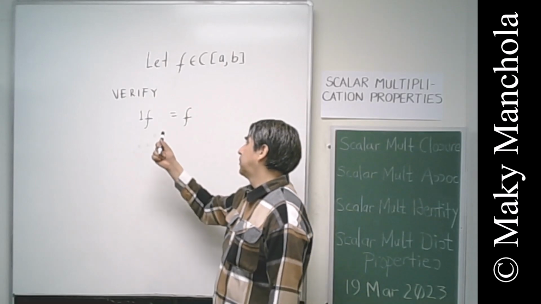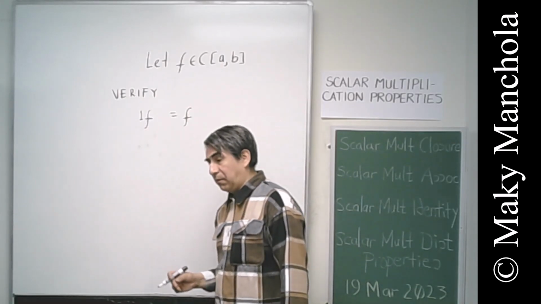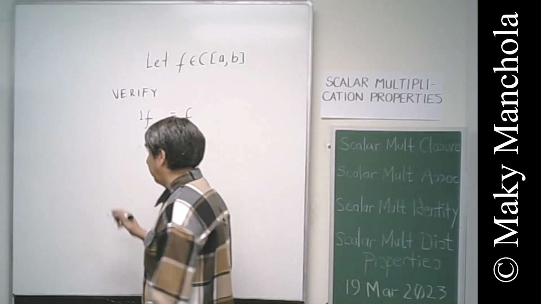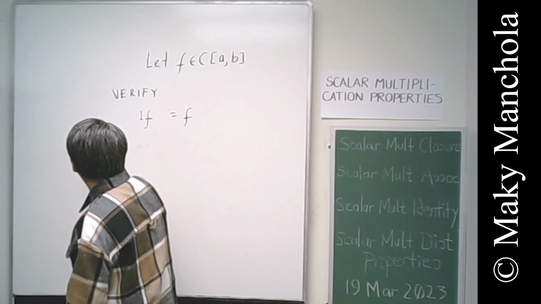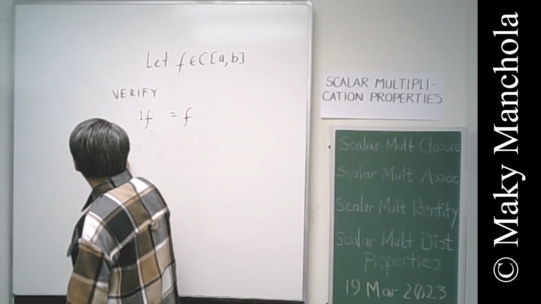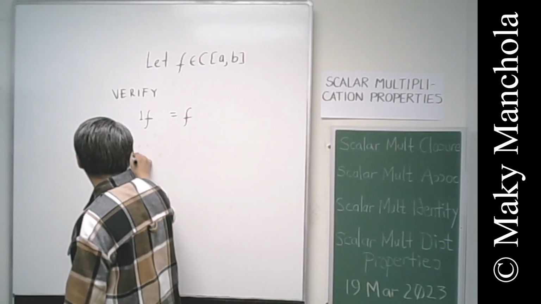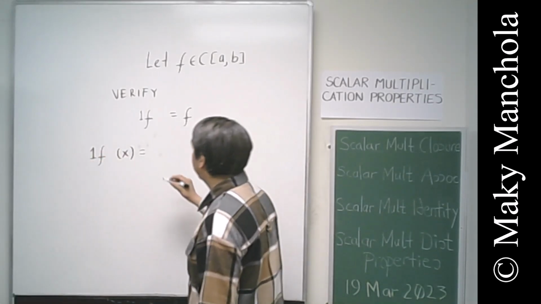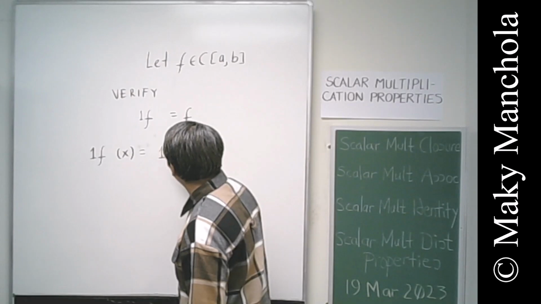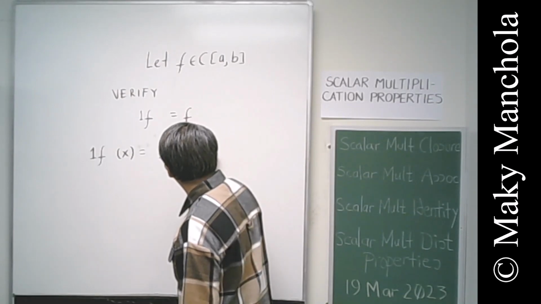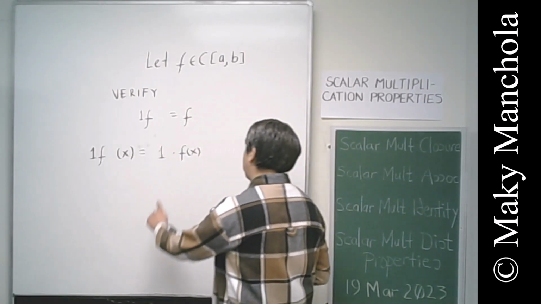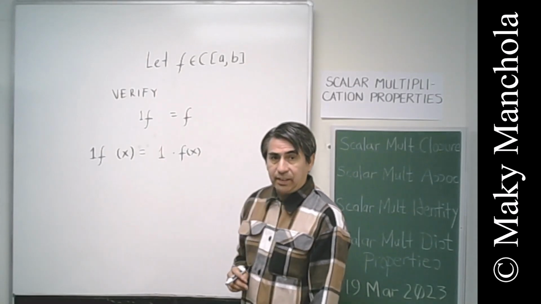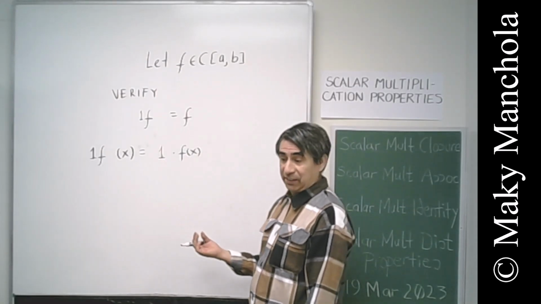So what is the meaning of the scalar multiplication of 1 and f? It means that 1f evaluated at x equals the product of 1 and f of x. But we know that 1 is the multiplicative identity.